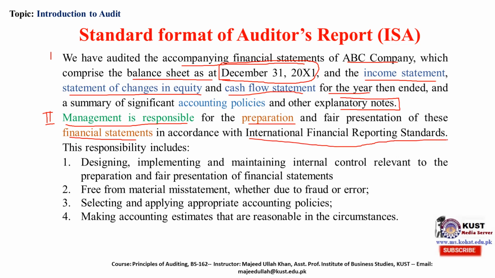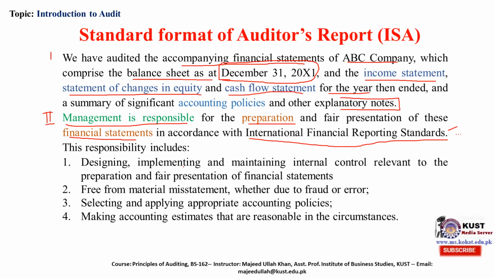Since this is the report according to International Standards on Auditing; if it were according to Form 35A of the Company Ordinance 1984, then we would extend it here with the Company Ordinance 1984.